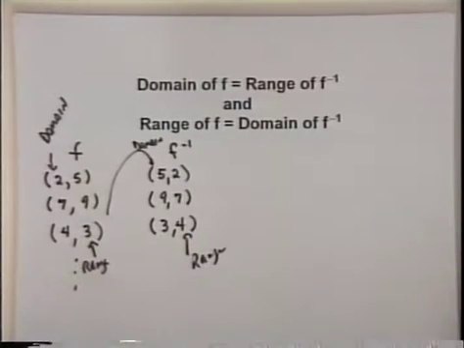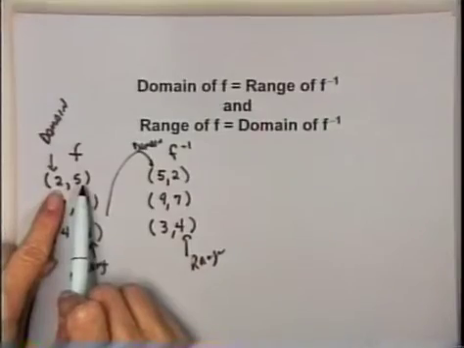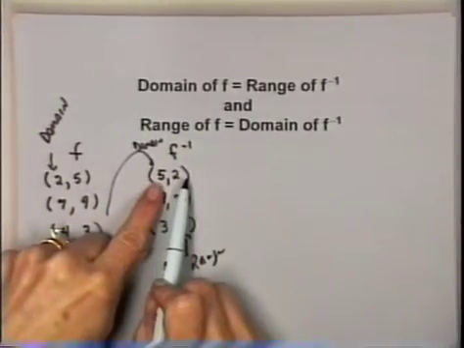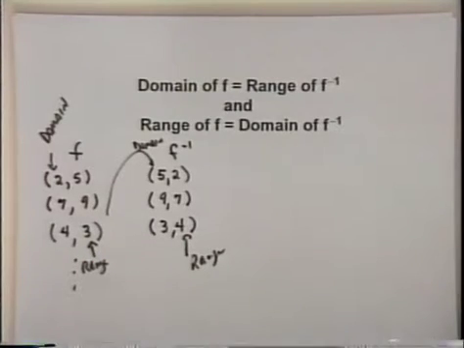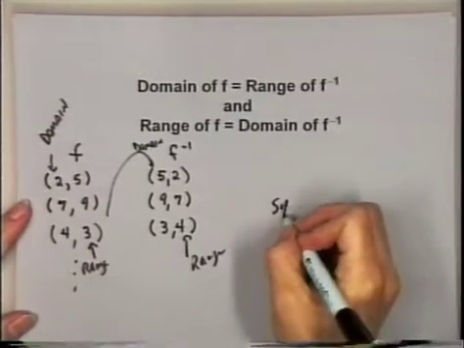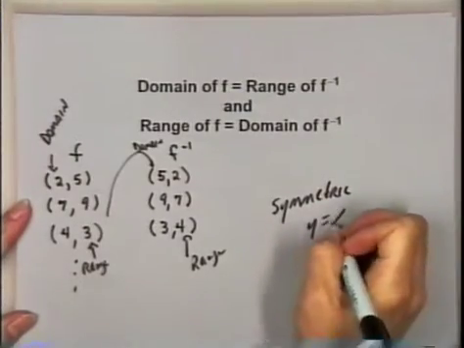Now also, this has something for us to think about when we do some graphing. If function f has the ordered pair (2, 5), then f inverse is going to have the ordered pair (5, 2). In other words, we just interchange the x and y values. You might recall that when you interchange your x and y values, you get symmetry to the line y equals x.